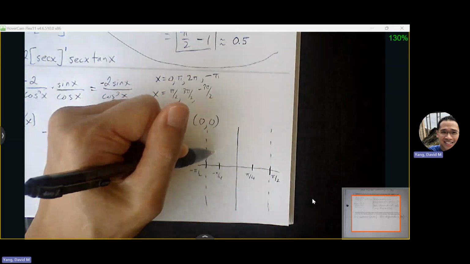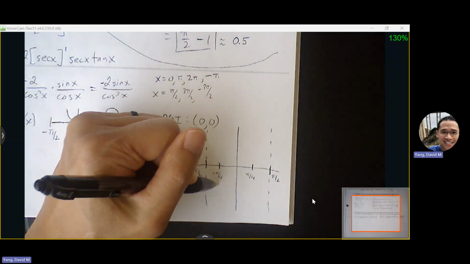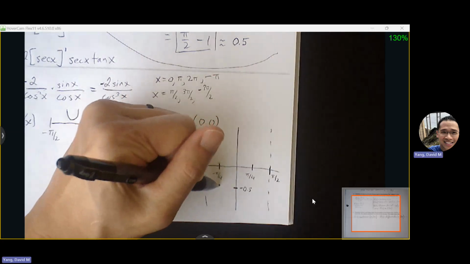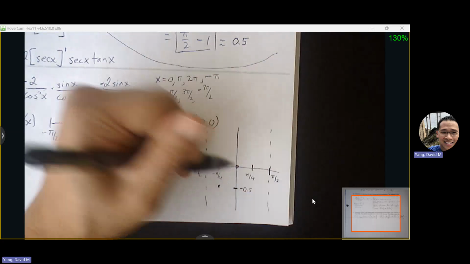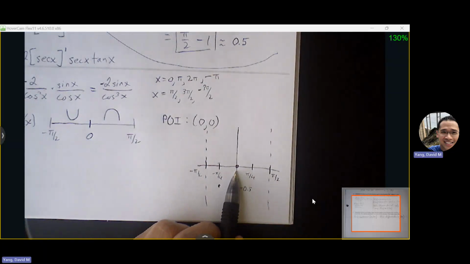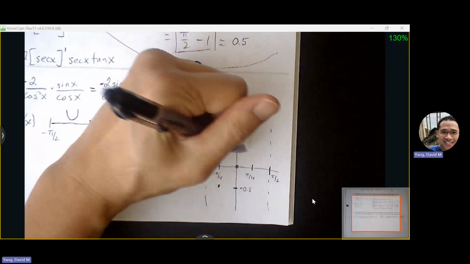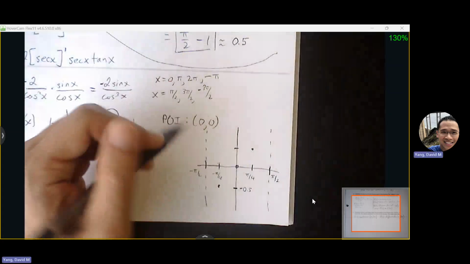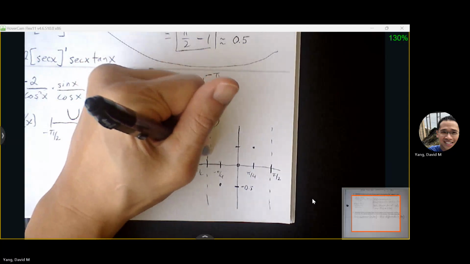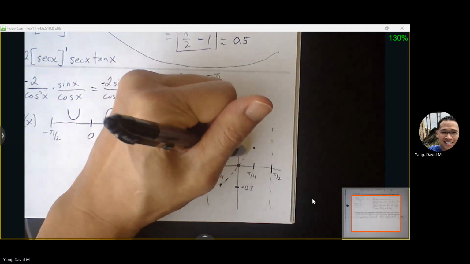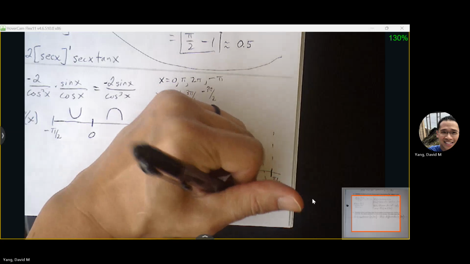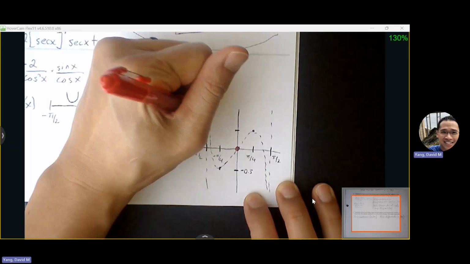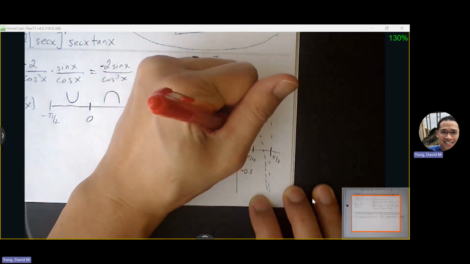It's going to follow along this asymptote. It's going to decrease to negative 0.5 when it hits negative pi over 4. There's the point of inflection at 0, and it goes up to 0.5, the relative max, and it falls after that. I give it the proper curvature here. I know there's a point of inflection at 0, 0, so concave up, followed by concave down.